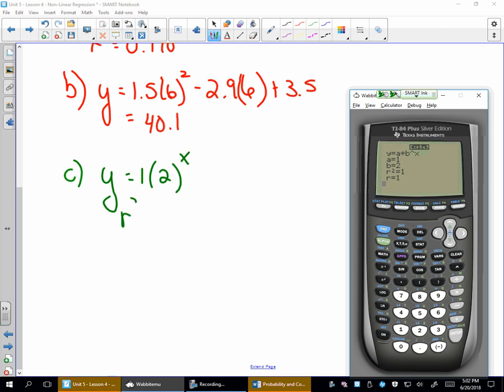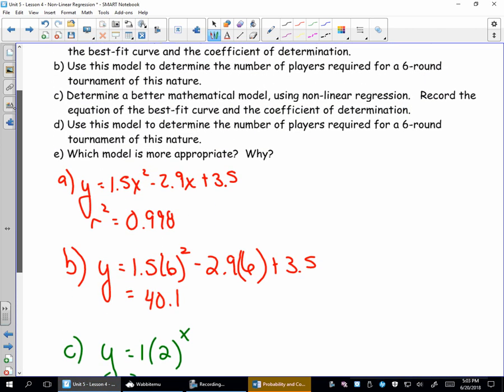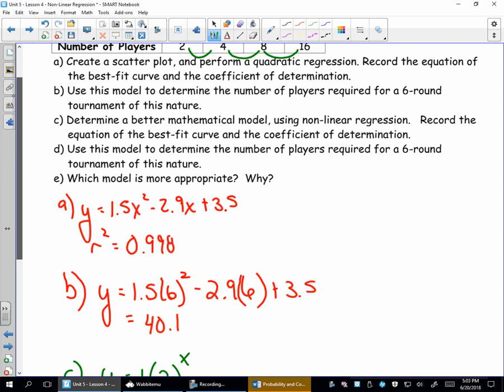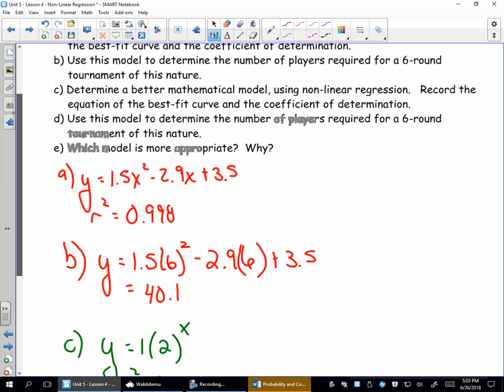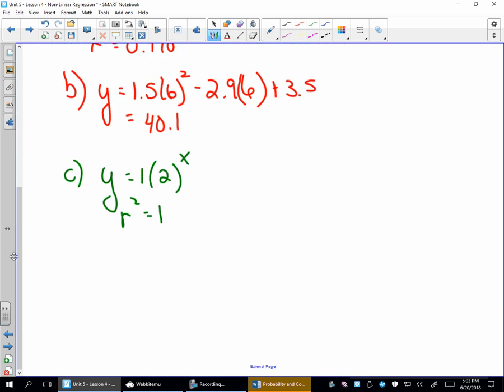And again, our r squared value is a perfect 1, which makes sense that this is a perfect model because it is an exponential growth curve. It's doubling every single time. Okay, using our model, let's figure out how many players we need for 6 rounds this time. And again, we know this is actually the answer because it's a perfect fit.